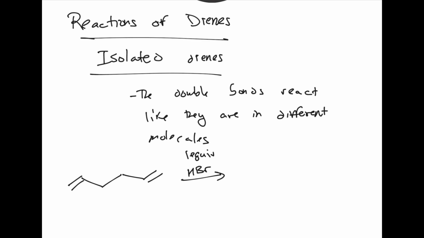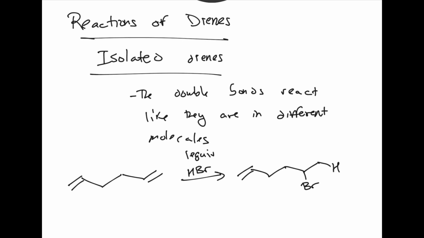So I can make my product. It doesn't matter here which double bond I react with because the molecule is symmetrical, right? So it's just going to react with one side or the other. Doesn't matter. Just going to make the same product regardless. Everyone on board?